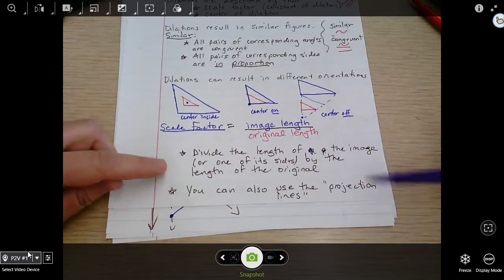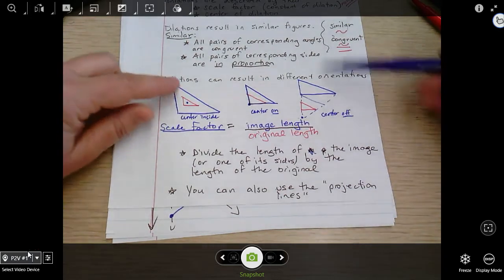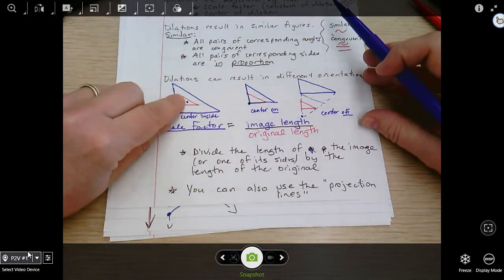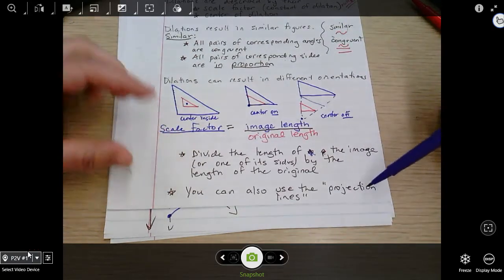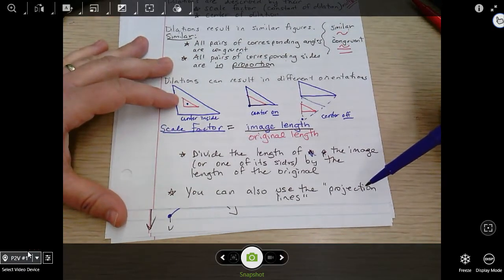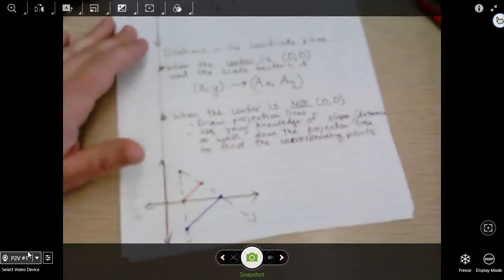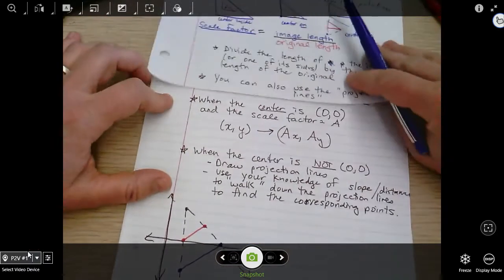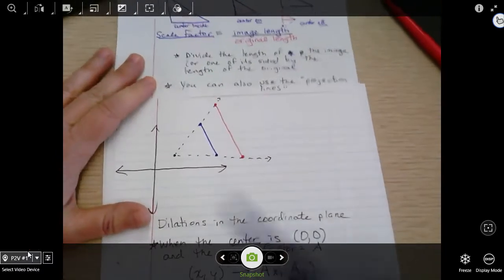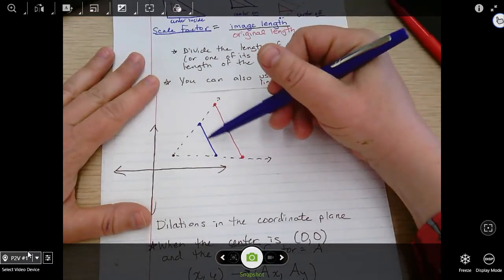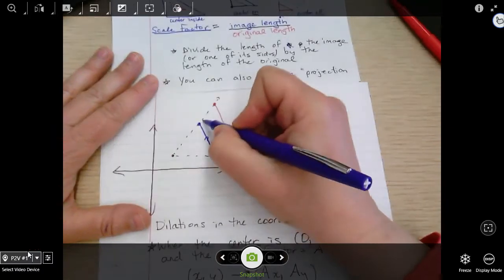All right, so if you know the length of the original and the length of the image, you can divide those two. But you can also use portions of the projection lines to find the scale factor. It works the same way. So for example, let's say I didn't know this length and I don't know this length, but I do know this one.